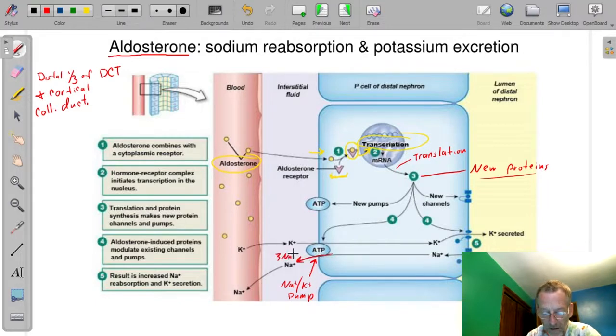So 3 sodium out, and it's pumping in 2 potassium. And it's burning ATP. So some of the proteins that get made are new pumps. So we're speeding up the pumps, and we're retaining more potassium. So the potassium then leaves through these facilitated diffusion channels.